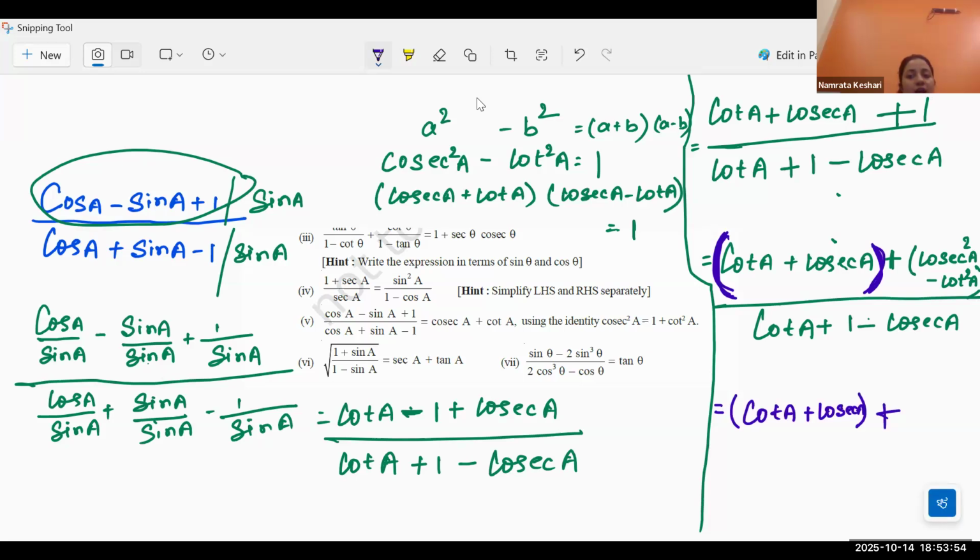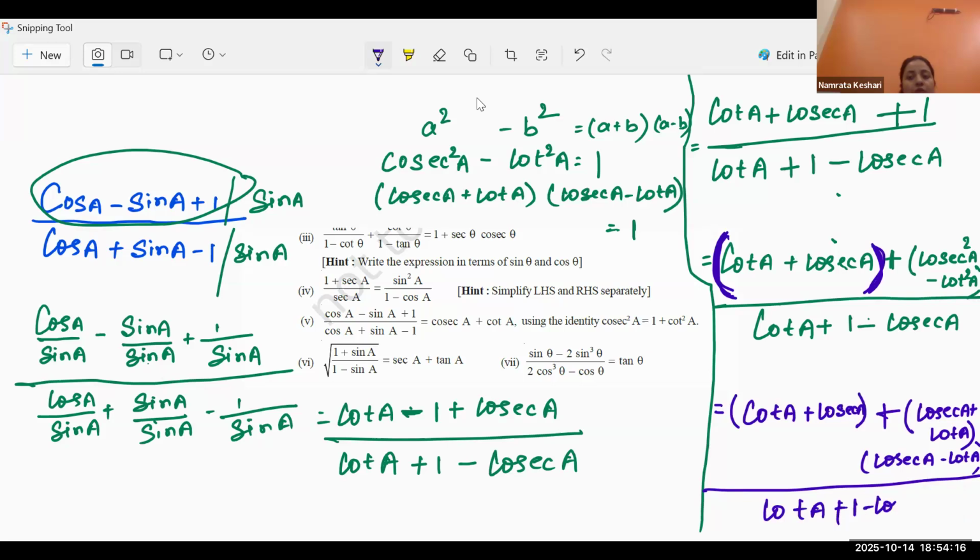So over there you will have cosec A plus cot A in one bracket, and in another bracket cosec A minus cot A. And the denominator we are not going to disturb at all. Now you just need to take out the common factor and you will be done with the proof.